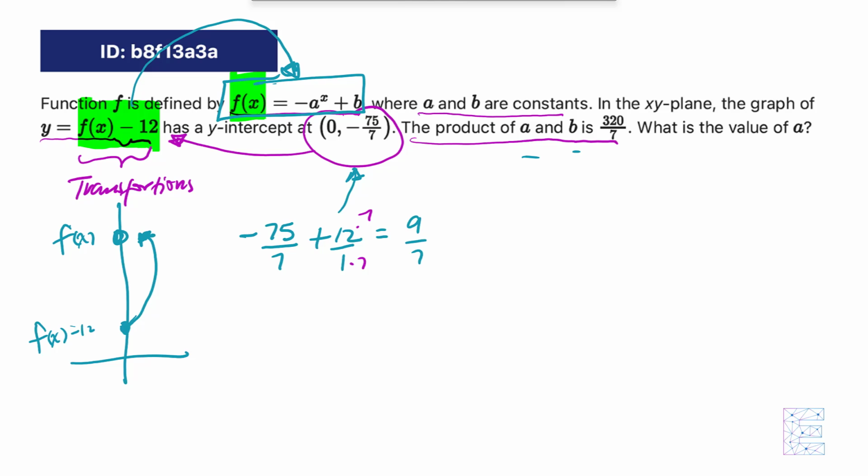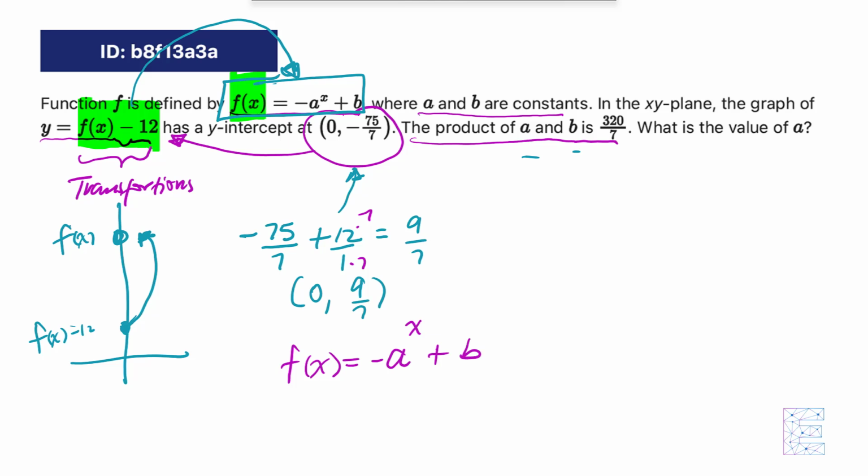Now, what do we do with this? This is the y-intercept of the original function. So I can rewrite this as (0, 9 over 7). That's the y-intercept of the original. All right, so let's take this a step further. We're given the original equation as f of x equals negative a to the power of x plus b.